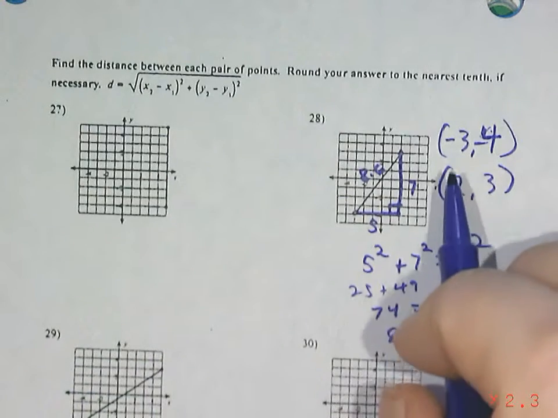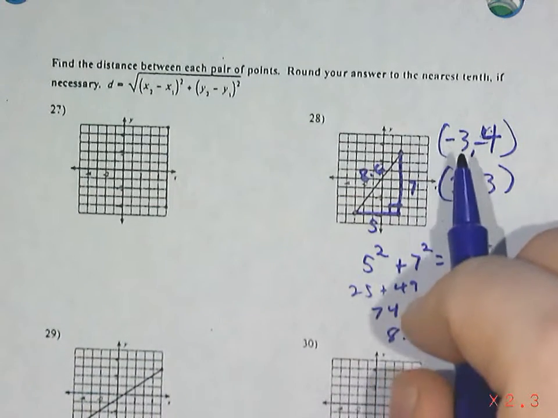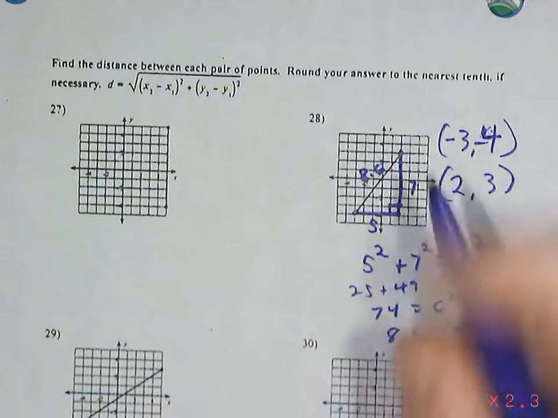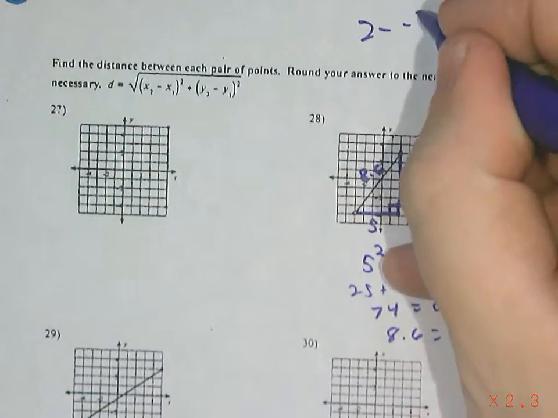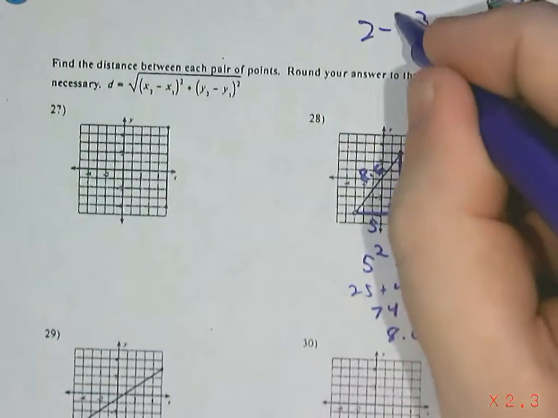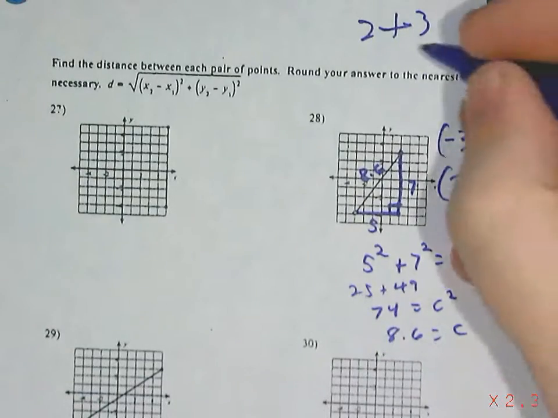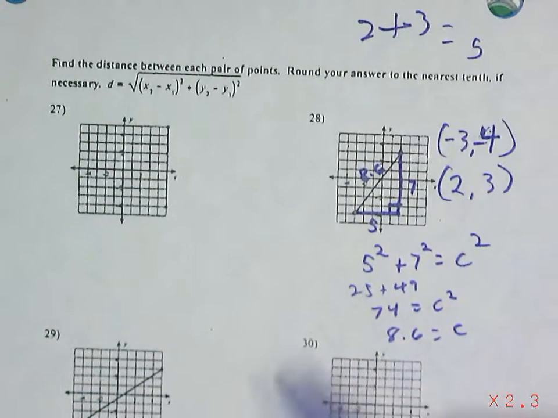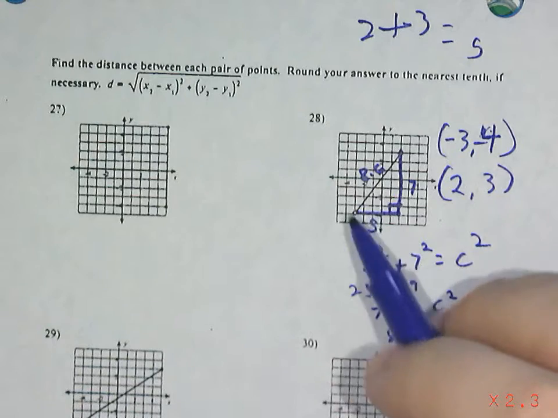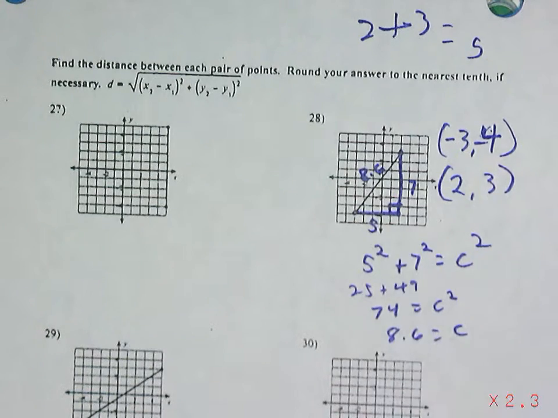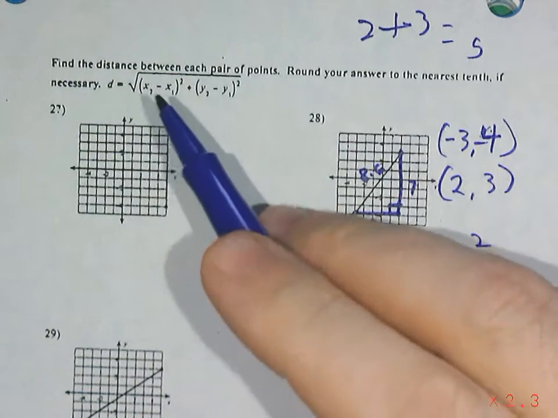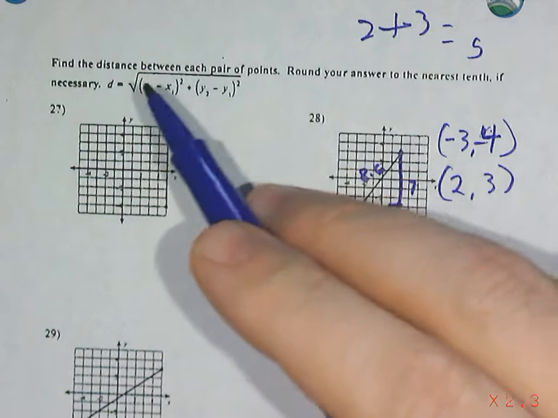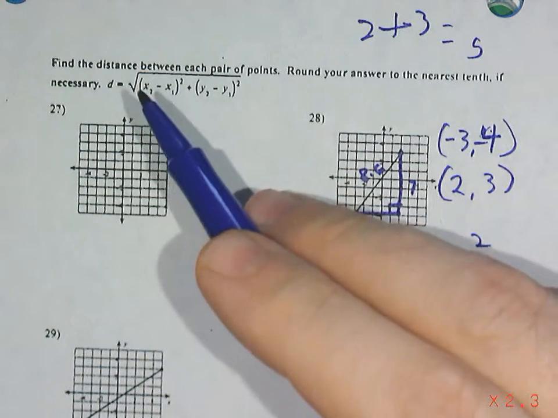So if I take 2 and subtract the -3, that's adding, right? 2 minus the -3, you get a big plus sign, same sign adding, keep, and it's going to be 5. Hey, look, that's the measurement I got for that line right there, 5. So what this is doing is giving me my leg. This gave me my horizontal leg, which is 5.